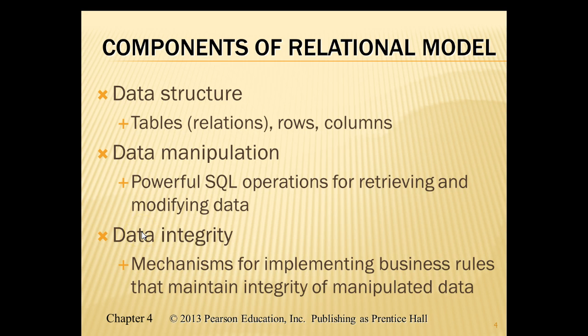Okay, so we are finally getting into an area where we can start talking about tables. In chapter 4, and chapters 5 and 6 as well, tables and relations are going to be synonymous, and of course tables contain rows and columns. That covers the data structure itself, and then we're also going to be talking about the manipulation of that data and some SQL operations that can be used to modify it, and the data integrity, which is pretty critical, and we'll get into that when we start talking about normalization and the like.